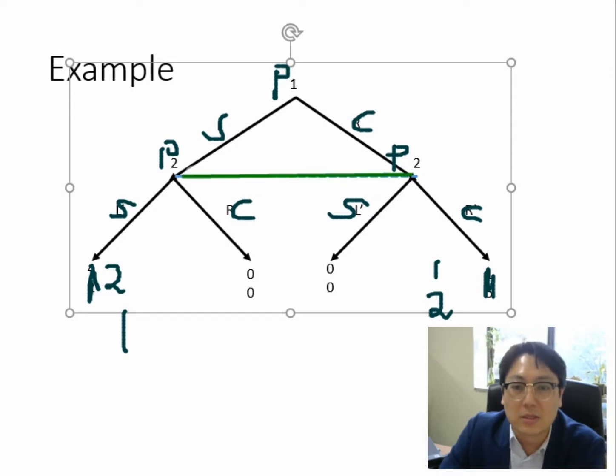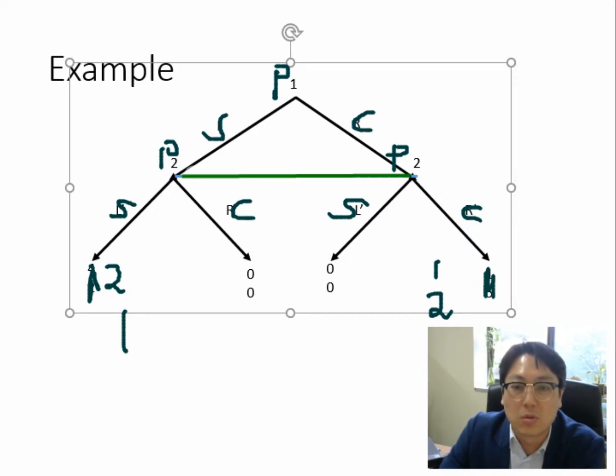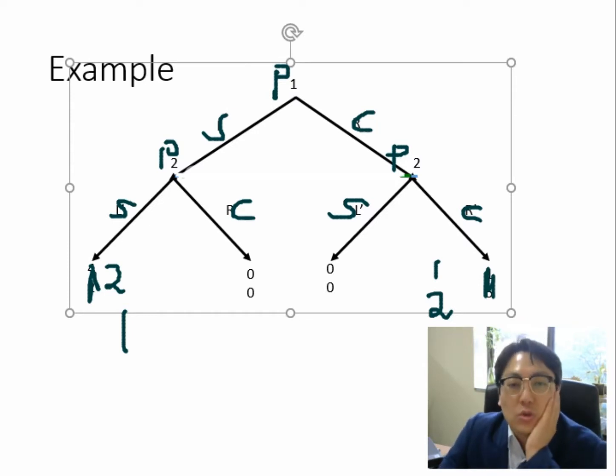I'm going to erase that part just to make you clear. Okay, now you don't see quite well about this line. So think about this game. Maybe you would think that this is representing a coordination game, but it is not. Why? Because look at these nodes.